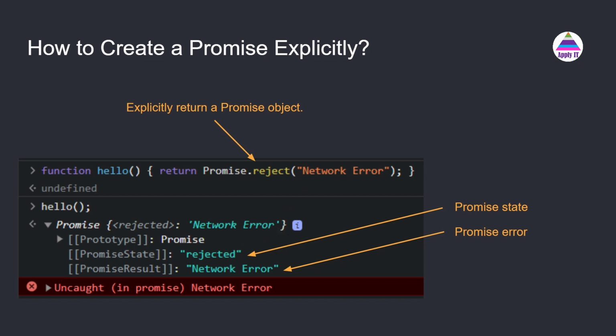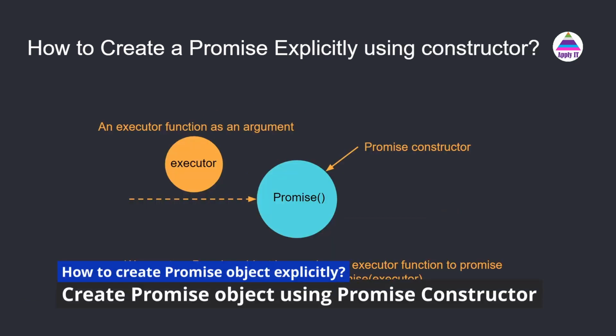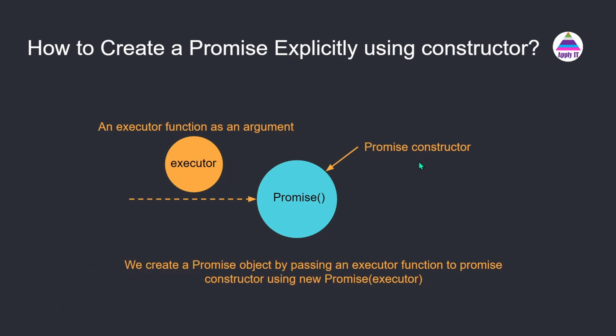Now we'll see the third way of creating a promise object. The third way of creating a promise object is using the Promise constructor. To the Promise constructor, we are going to provide one function, called the executor function, as an argument.